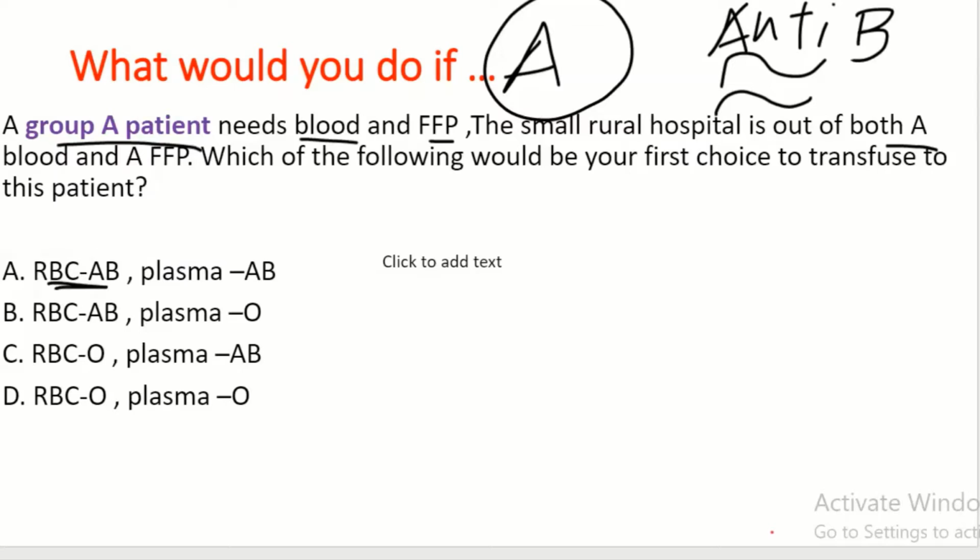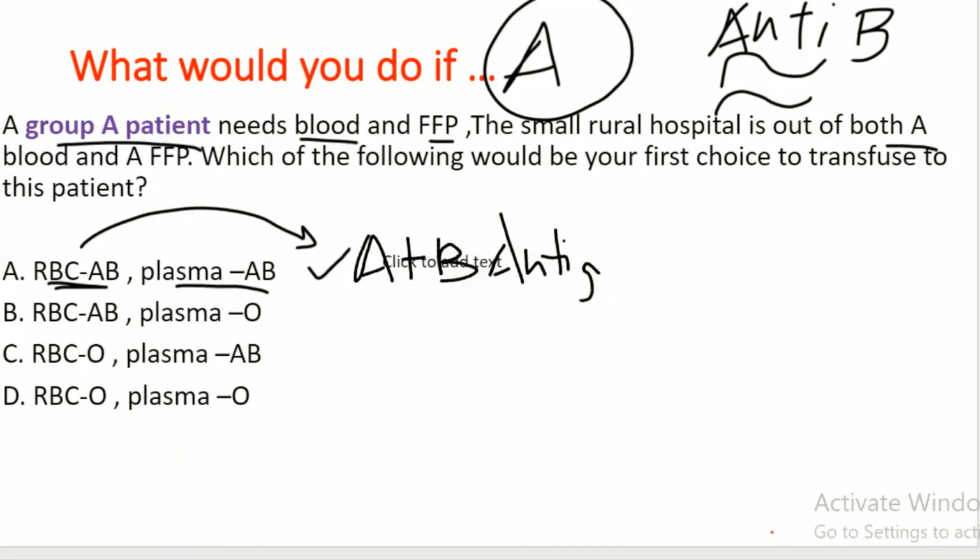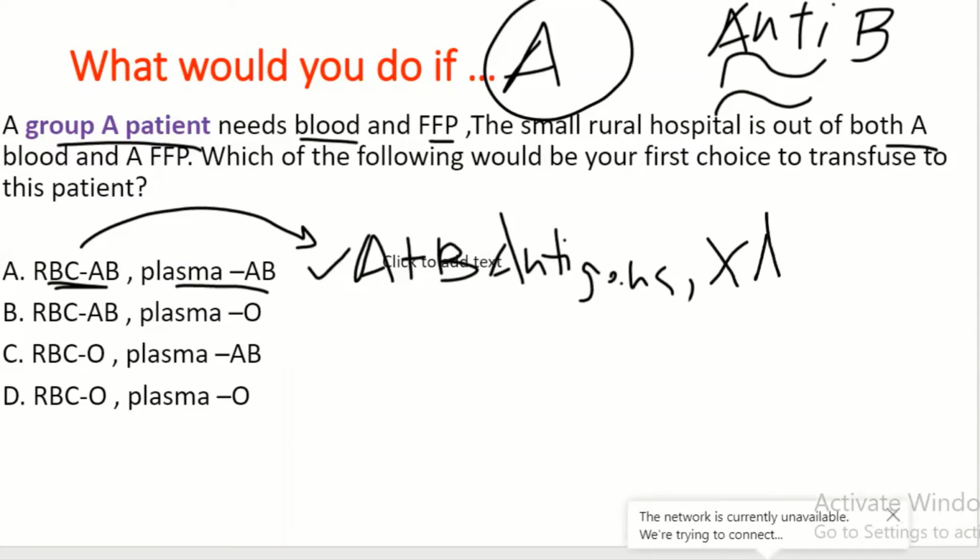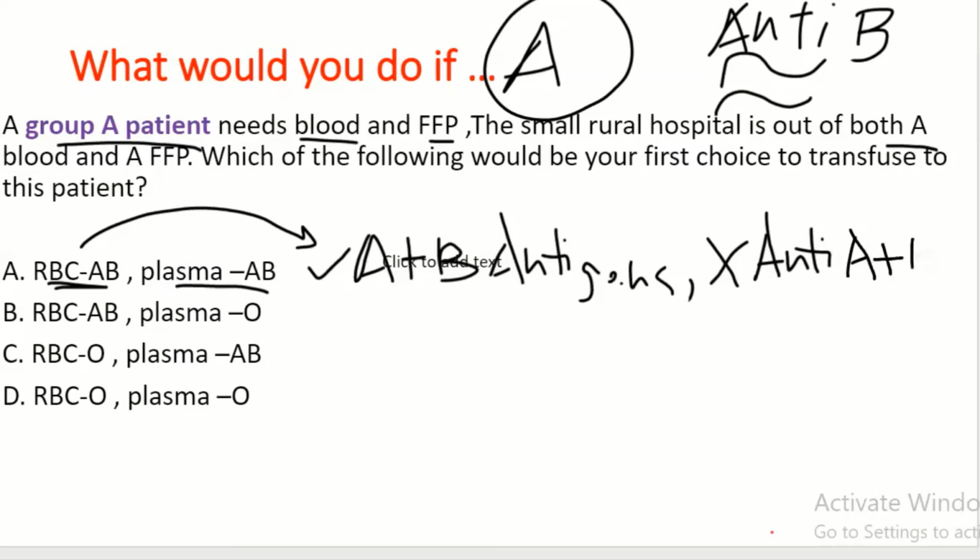RBC of group AB and plasma is also of group AB. It means RBCs have both A plus B antigens on the RBC surface, and it doesn't have anti-A plus anti-B.